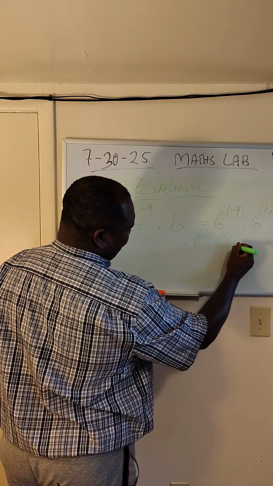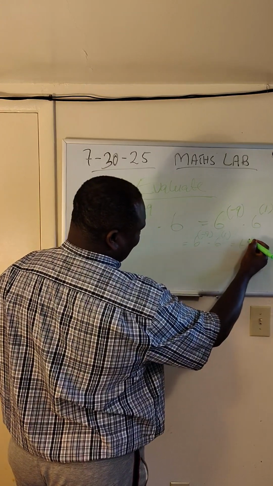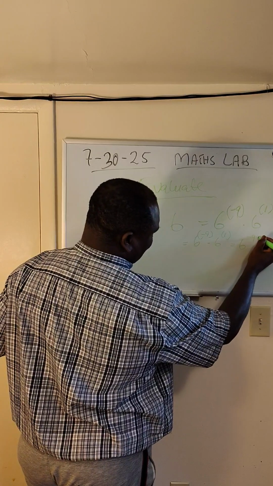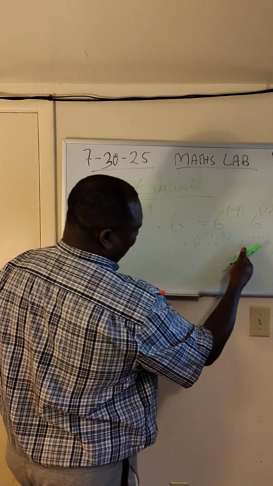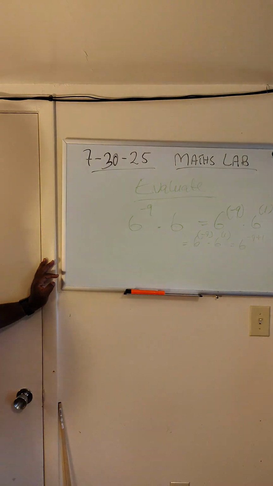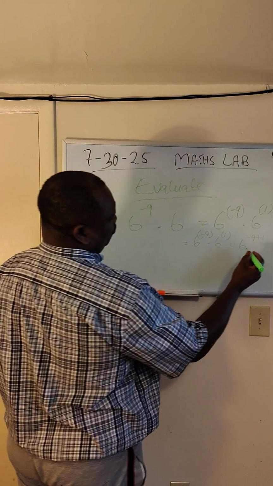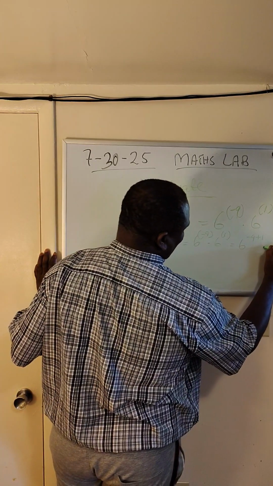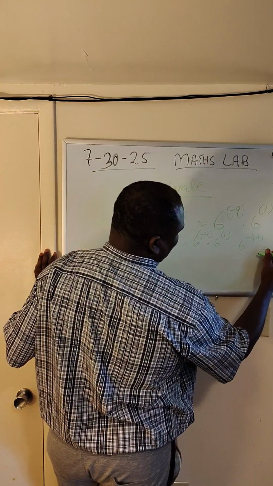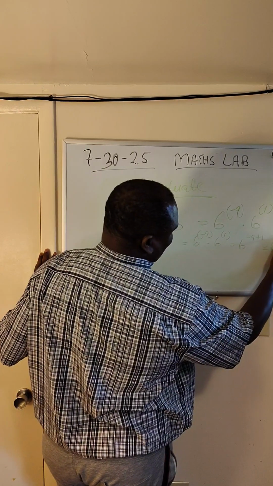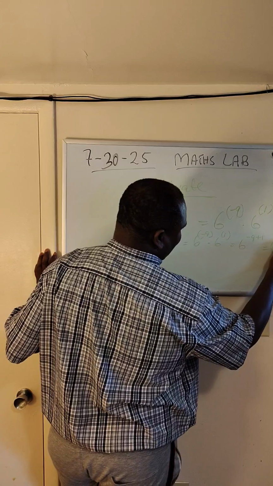So this gives us 6, and up here we have -9 plus 1. When we do that, what is our answer? Our answer becomes 6 raised to the power of 8.